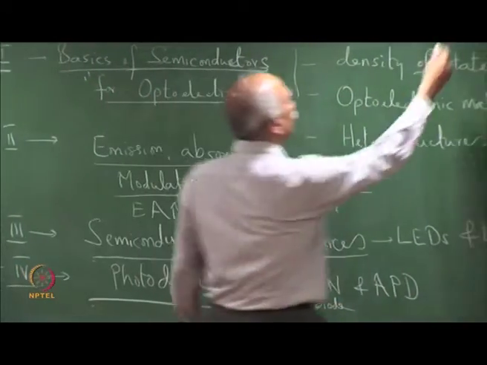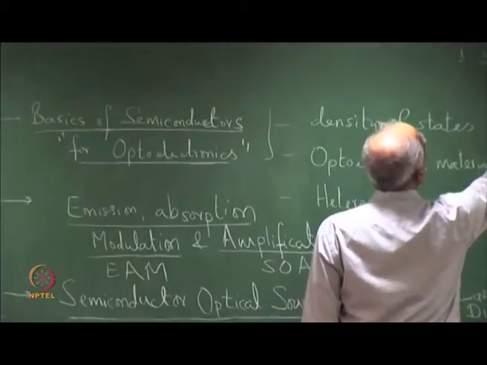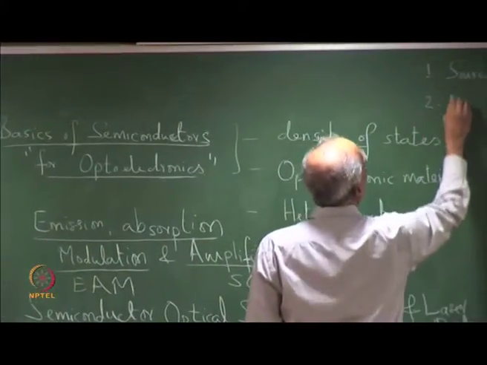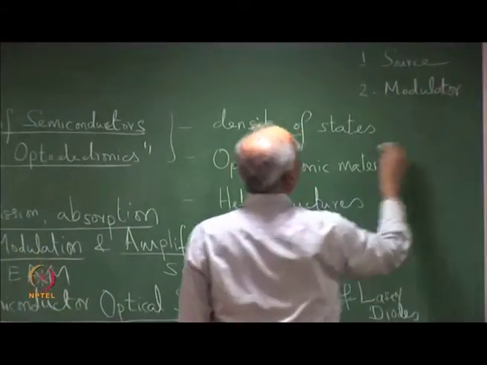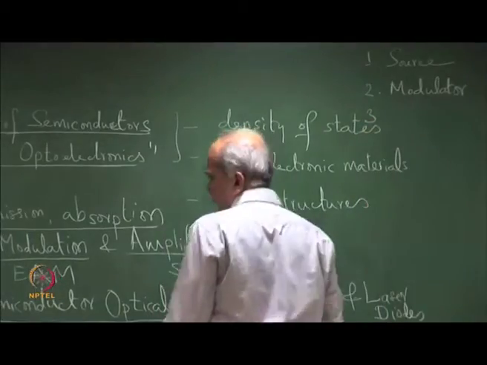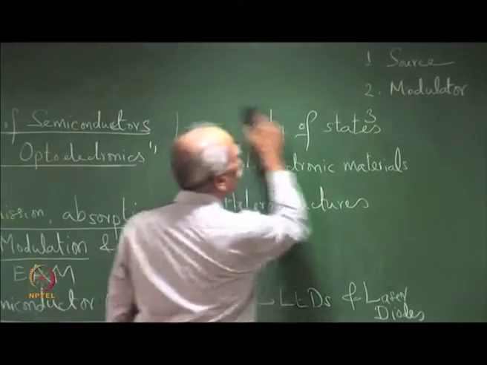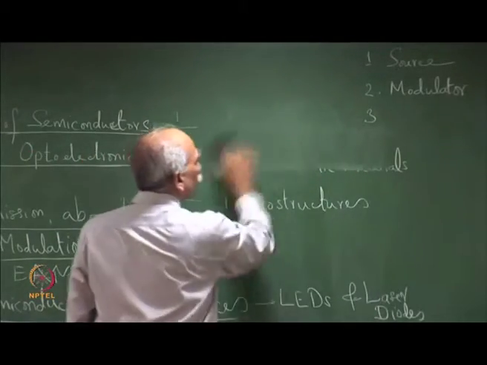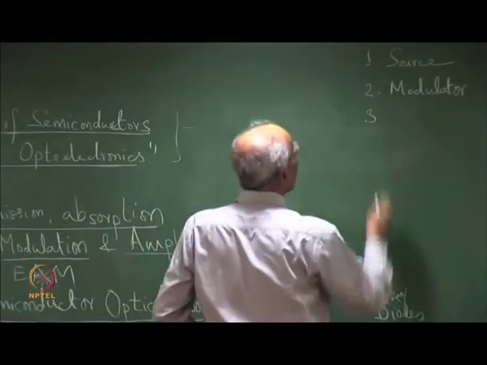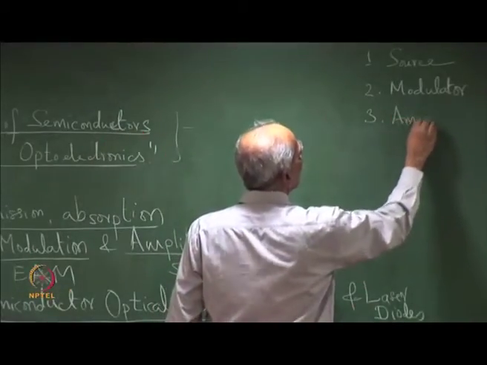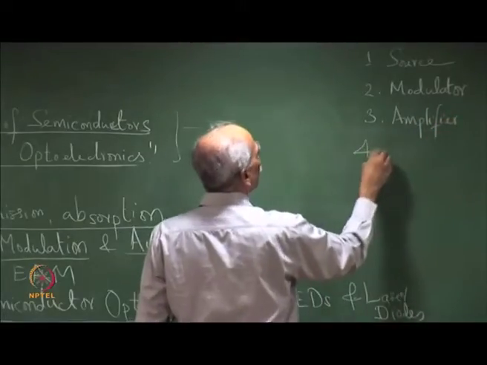So, we have the source, the modulator, the amplifier and, of course, the photodetector.